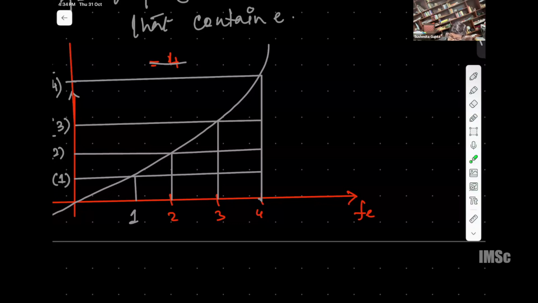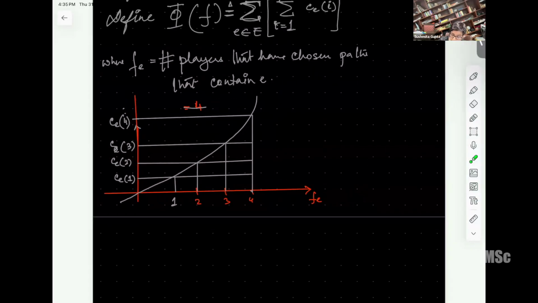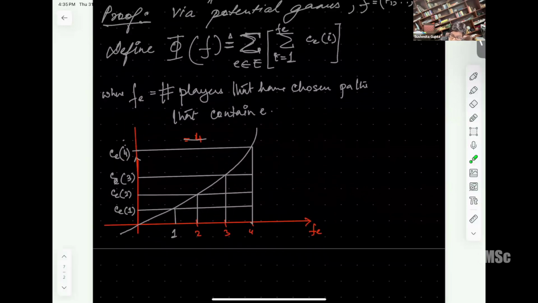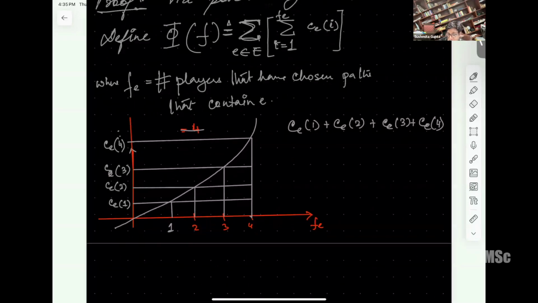So the point is this: this height is c_e of 1. This whole height is c_e of 2. This whole height is c_e of 3, and this is c_e of 4. Right? So basically, when we are looking at this quantity, c_e of 1 plus c_e of 2 plus c_e of 3, we're looking at this sort of stacked cost function, right?